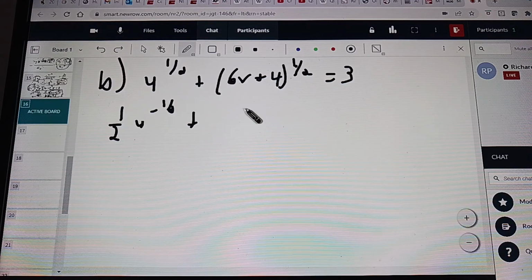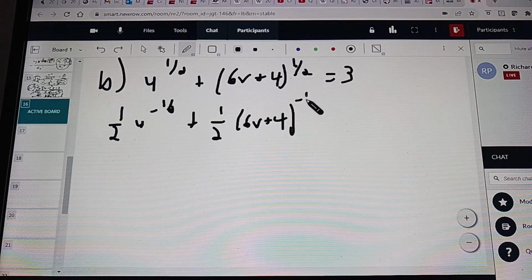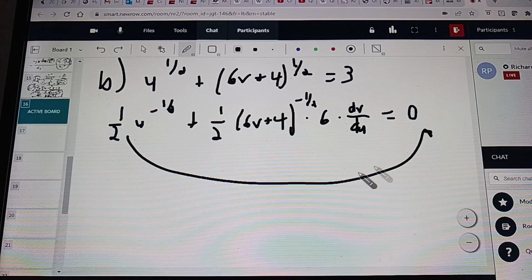Plus, now here's the chain rule again, 1/2 times 6v plus 4 to the negative 1/2 times the inside 6, but then times dv over du, since that's the one we care about now. v is not the one we care about, so we need to attach that there. And the derivative of 3 is still 0. So now move this term over there, and 1/2 of 6 is 3.